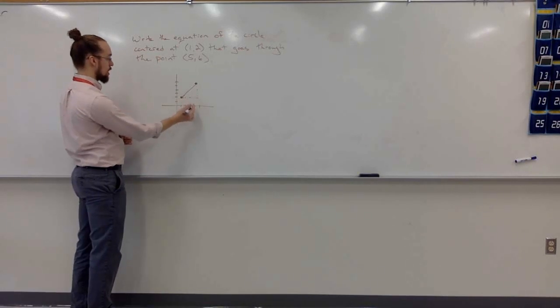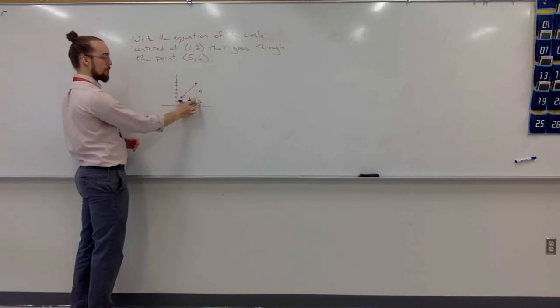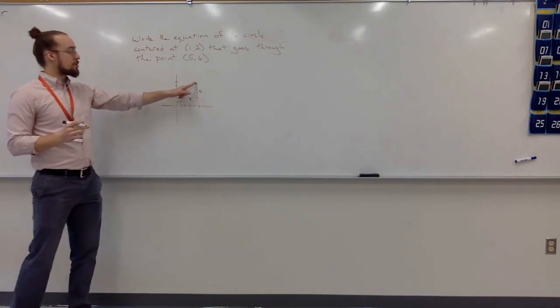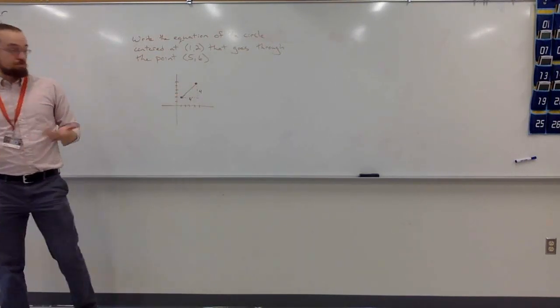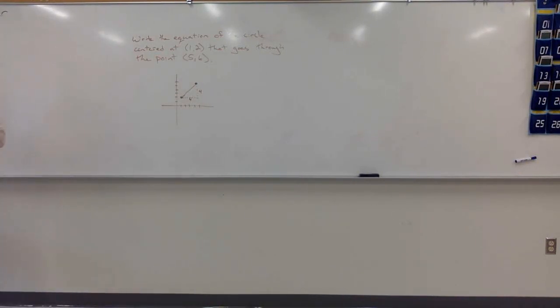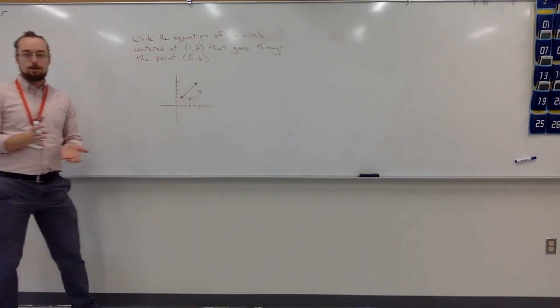This leg is 4, and this leg is also 4 in this case, because we're going from 1 to 5, and then from 2 to 6. The distance formula is a simplified version of the Pythagorean theorem.